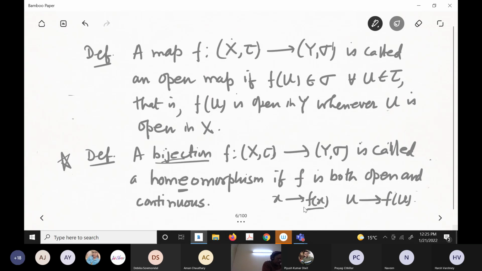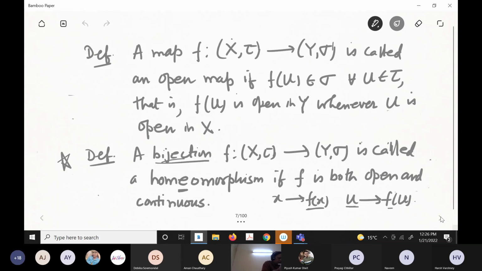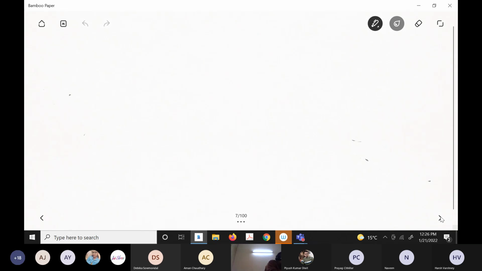I'm renaming x by F(x), renaming the open set U by F(U). Right? And you may ask why I need continuity. You need continuity because while coming back, there's a one-to-one correspondence. So this is called homeomorphism.